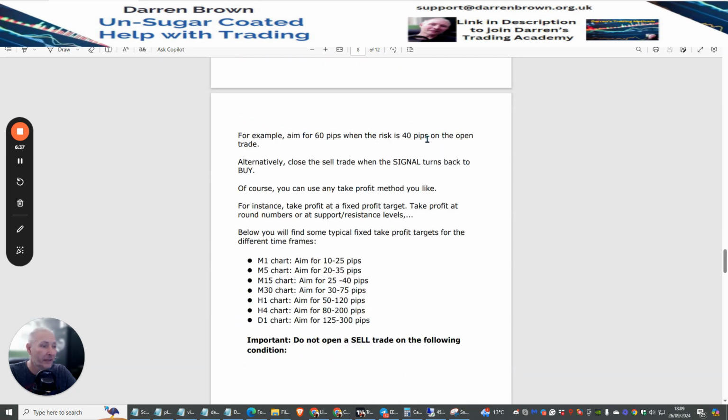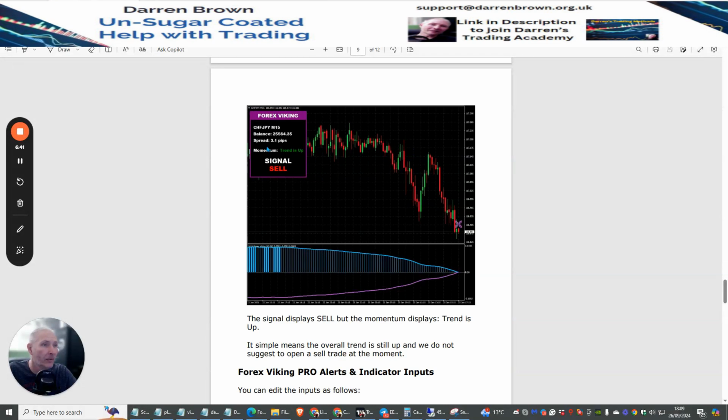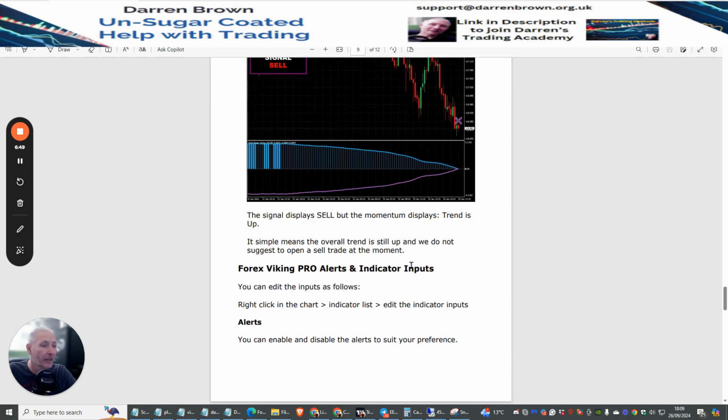So yeah, that's basically it really, and it's going to go over the whole process in the sell trade as well. It's showing you here on CHF JPY, and this one here is a signal for sell, but it's also telling you this is a trend for up. This signal displays sell, but the momentum displays trend is up. This means that the overall trend is still up, and we do not suggest to open a sell trade.